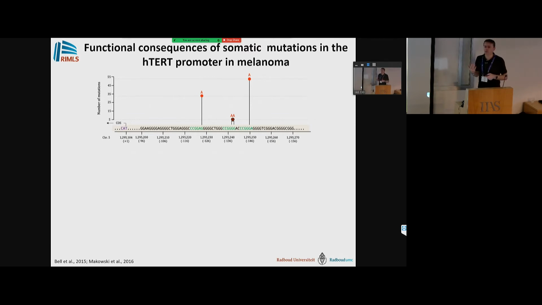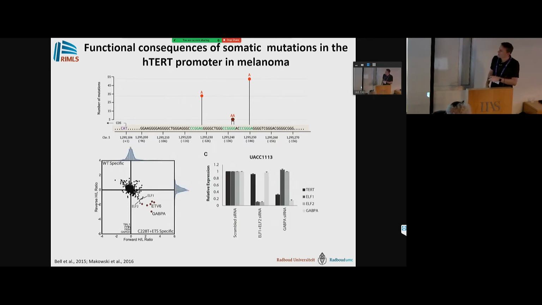But there are around 20 ETS transcription factors in the human genome. So we used quantitative interaction proteomics to determine which of these ETS transcription factors is responsible. This is the two-dimensional graph that we generated with the ratio versus ratio plot. The background proteins, typically around 1,200 proteins or so that we sequence in the mass spec, are all background proteins.